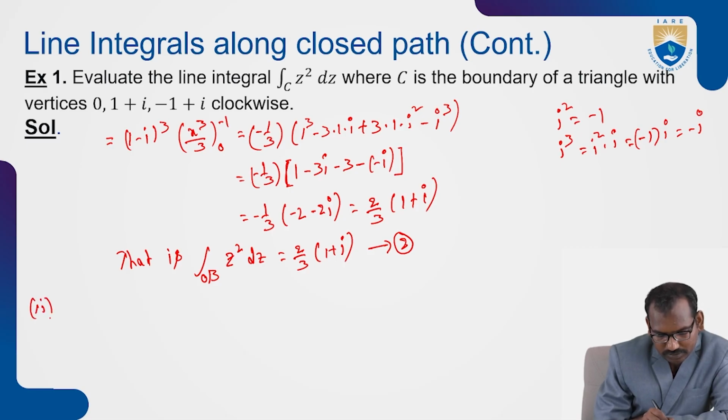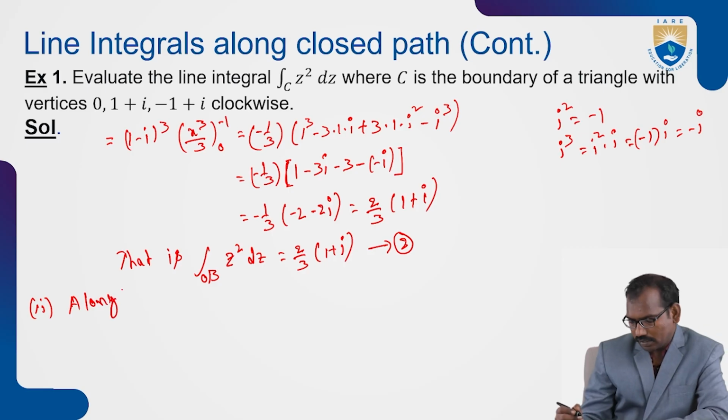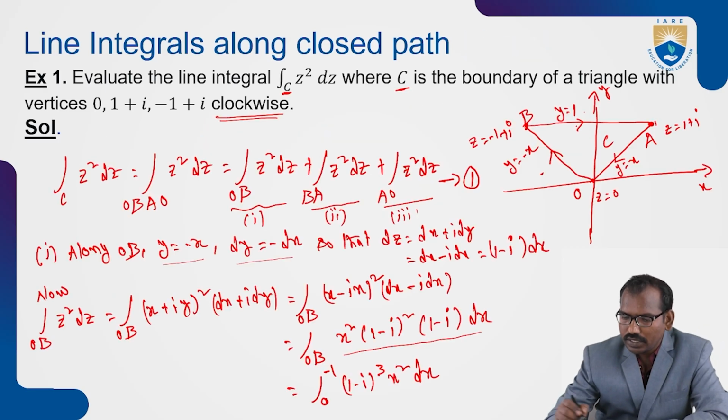Along BA. How we can represent mathematically this curve? This curve we can express mathematically by y is equal to 1.